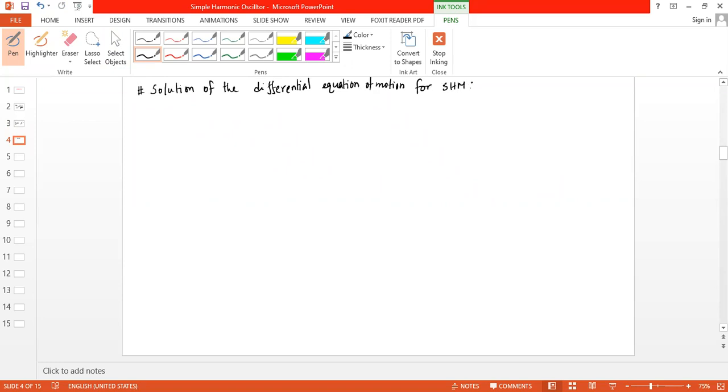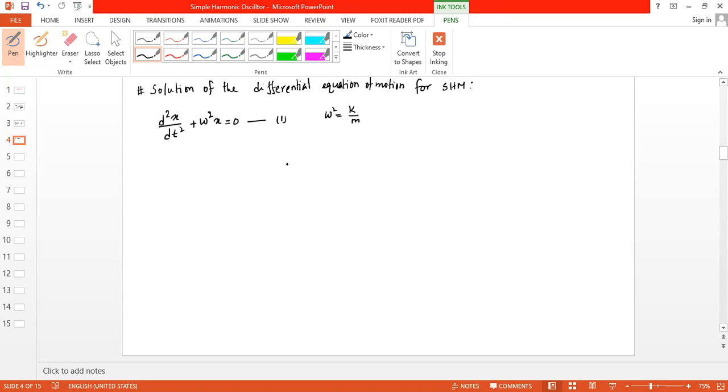SHM means simple harmonic motion. Okay, now the differential equation of motion is d square x over dt square plus omega square x equal to 0. This is the differential equation of motion, and we have to solve it. Here omega square equal to k by m.